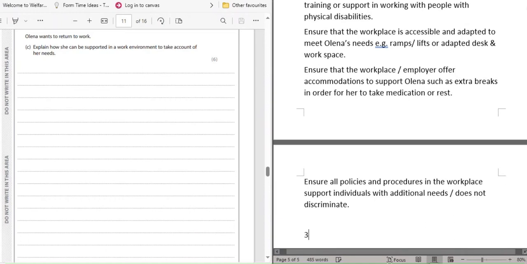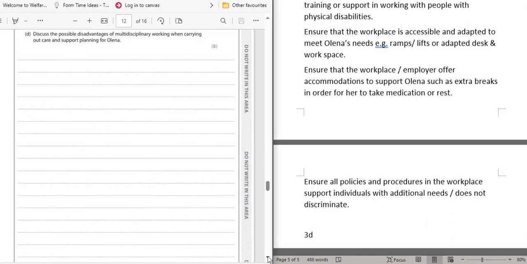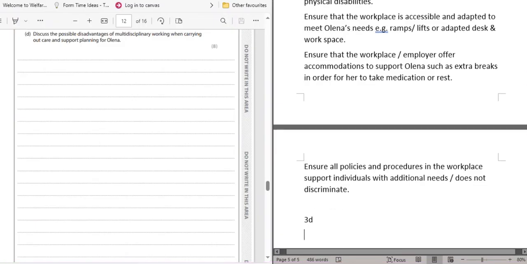And then we go down to 3D. Now for 3D, we're sticking with Alina, and it says discuss the possible disadvantages of multidisciplinary working when carrying out care and support for Alina. So this is the problems. Normally you get the advantages of multidisciplinary care. I'm just going to bullet point a list of potential problems.